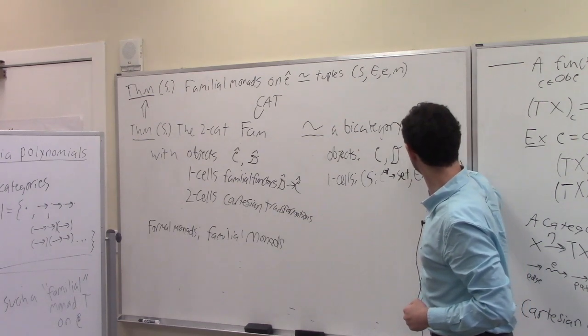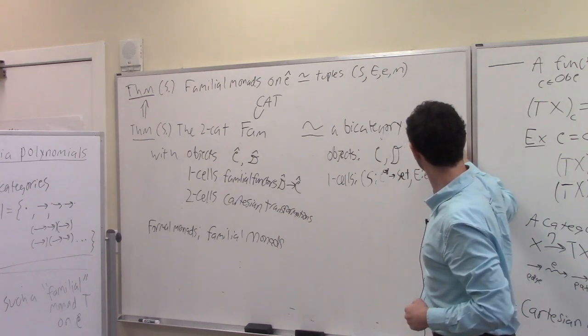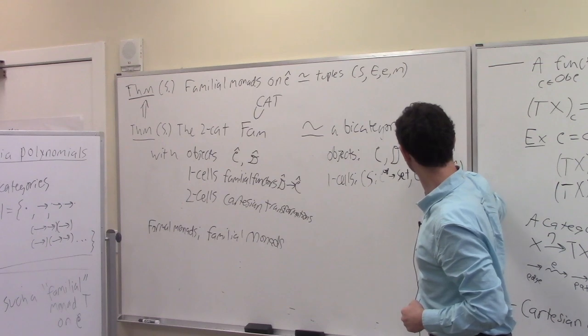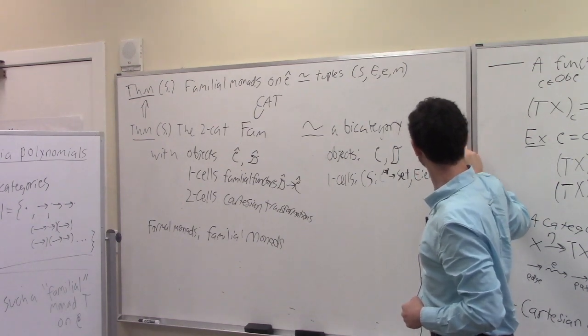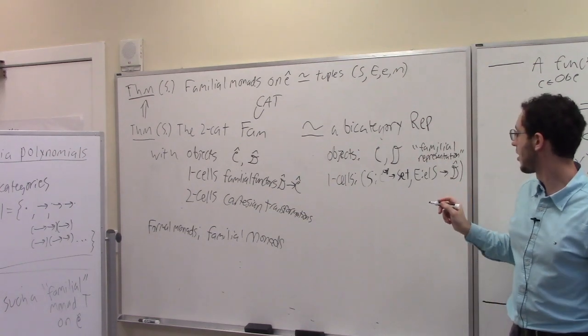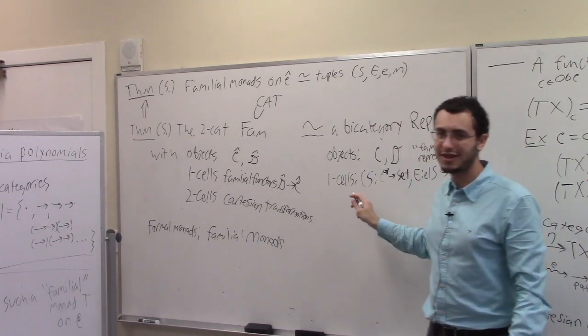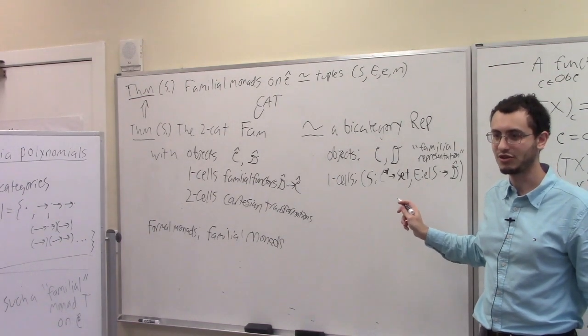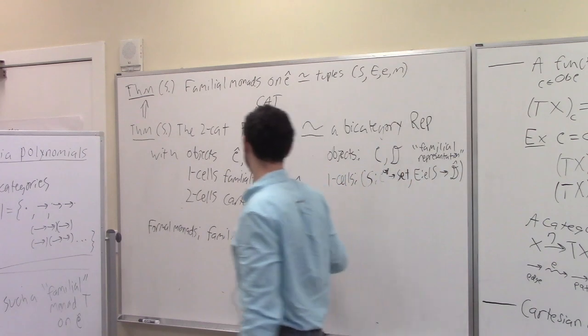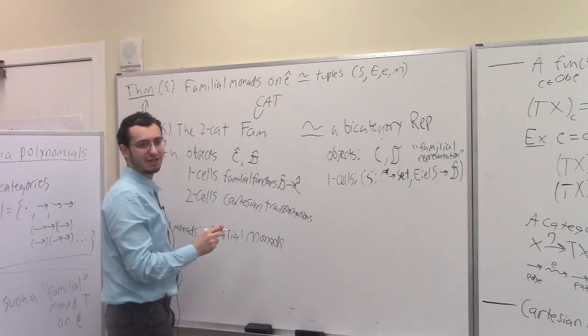This is called a familial representation. And then I'm not going to tell you what the 2-cells are for the sake of time. It's not going to contribute anything too meaningful right now. The point is that they are the appropriate Cartesian transformations.